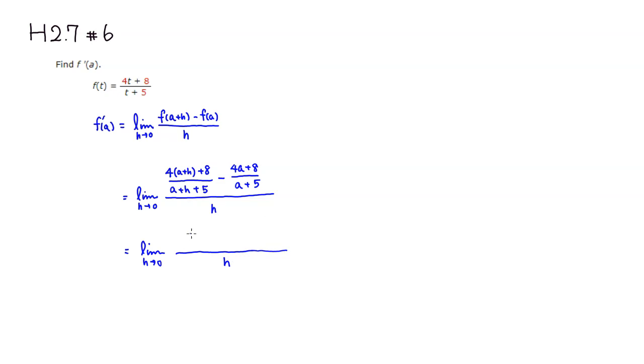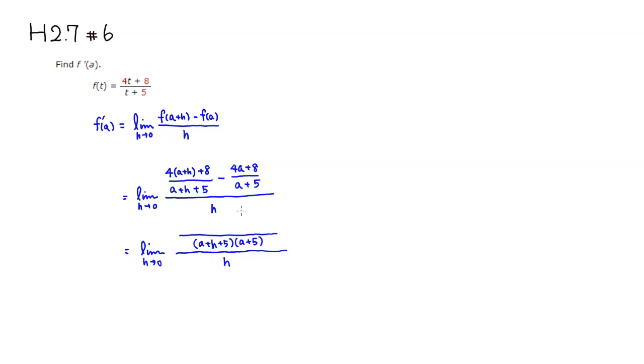The easiest way to find the common denominator is just to multiply the denominators together, so you have a plus h plus 5 and a plus 5.